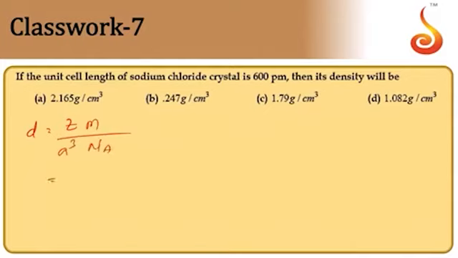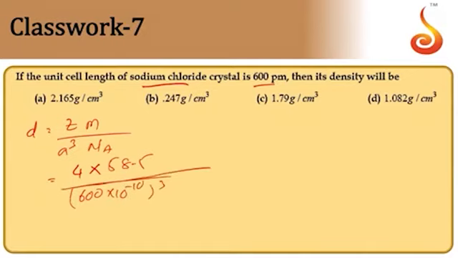Z is equal to the total number of ion pairs, which will be 4 in an NaCl type of crystal, 4 into the molar mass of each ion pair, 58.5, and the value of a cube. They gave the value of a as 600 times 10 to the power of minus 10, the whole cube, into Avogadro's number, 6 into 10 to the power of 23.